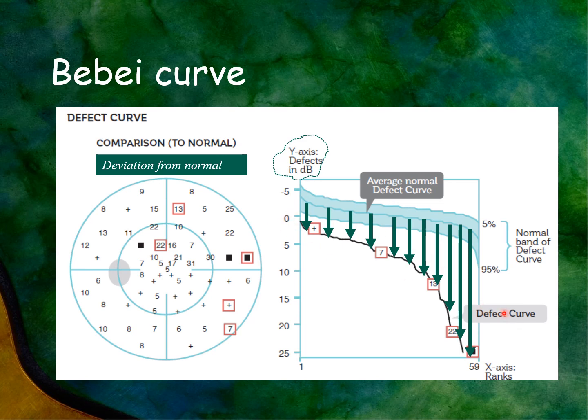So this curve depends on the deviation from normal. It doesn't take into account the actual locations of the point. So on this side we have the smallest values, and on the other end we have the largest defects.